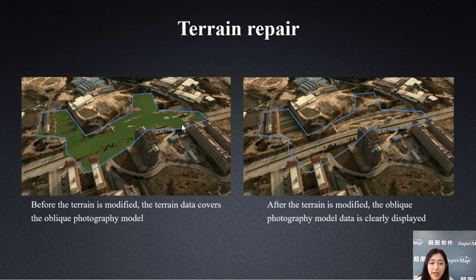But because of the inconsistency between the acquisition time and collection accuracy of the oblique photography model and the original terrain, the two types of data can mismatch, such as the original terrain being inserted into the oblique photographic model.